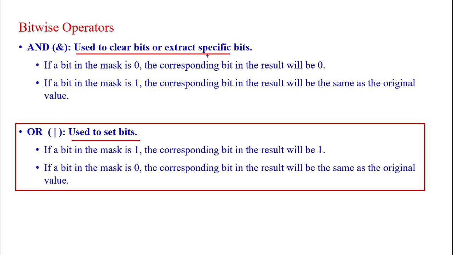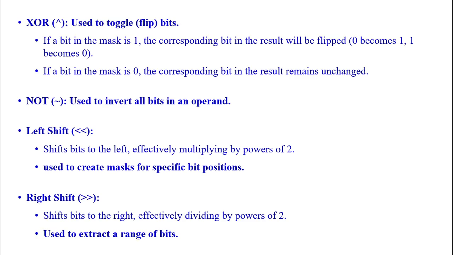And then the bitwise XOR operation. We're going to use the bitwise XOR operation in order to toggle, like 0 to 1 and 1 to 0. To perform any toggle operation, we use the XOR operation. And the NOT operator we use to invert.